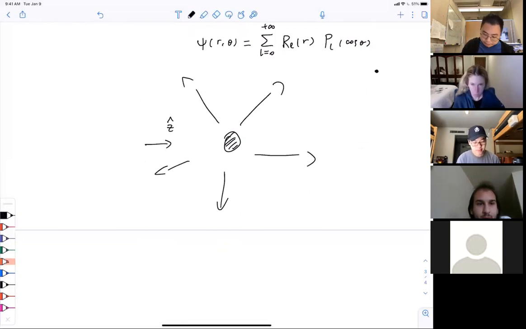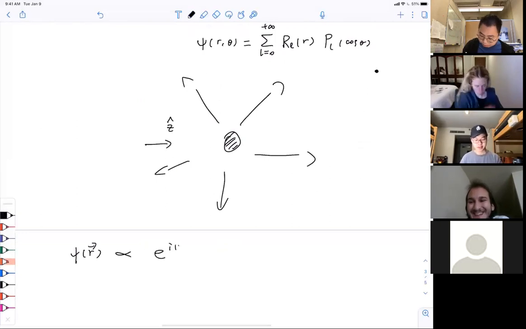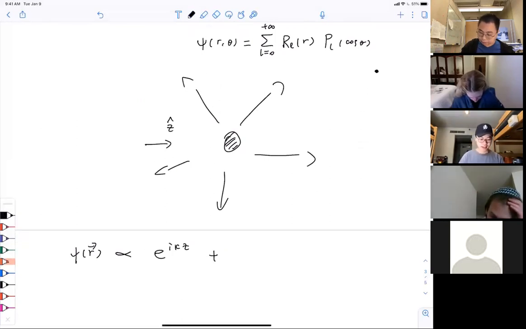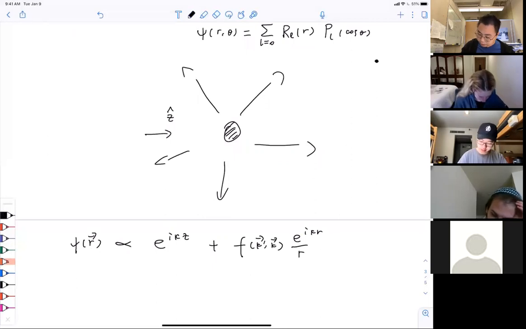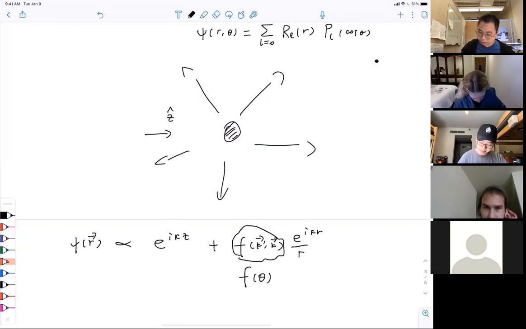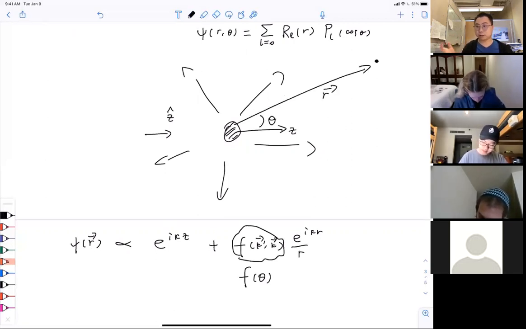We know from physics this must be able to be written in terms of this form: the incoming part, and also the outgoing wave, which is f(k',k) e^{ikr}/r. Because of the symmetry, we know the argument only depends on θ. θ is the angle between the z direction and the r direction, which makes sense because the system is axially symmetric around the z-axis.